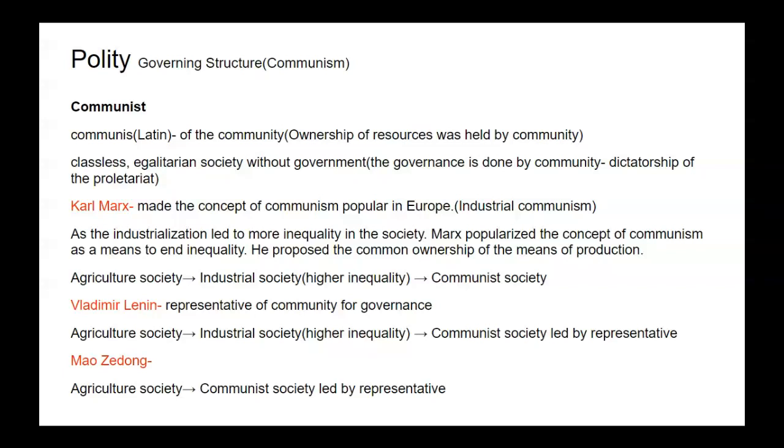There is no need for industrial society and higher inequality. Even an agricultural society can change into a communist society led by a representative. So the concept of communism is different from the perspectives of Karl Marx, Vladimir Lenin, and Mao Zedong.